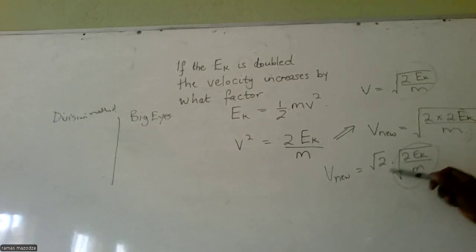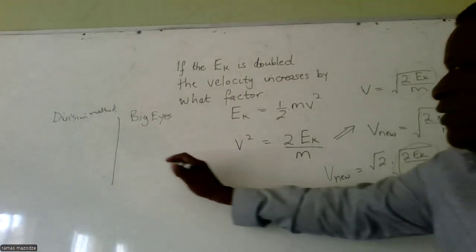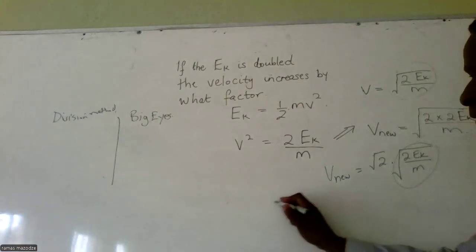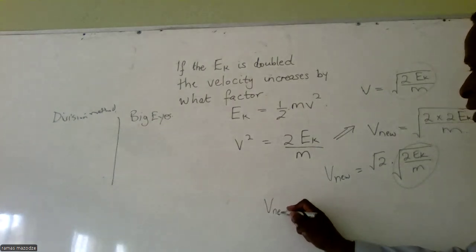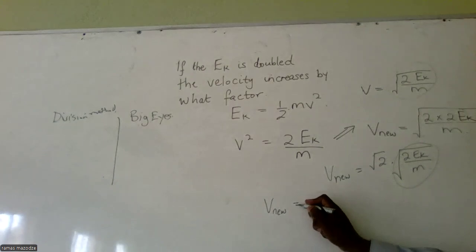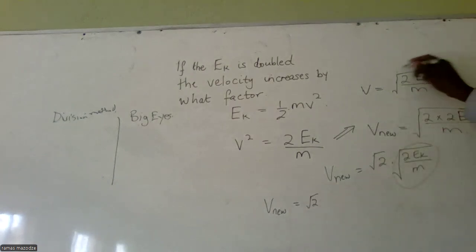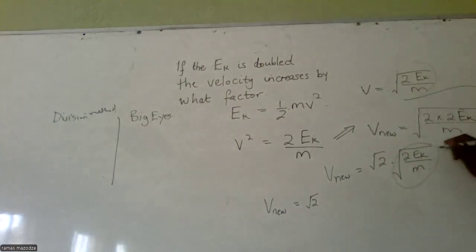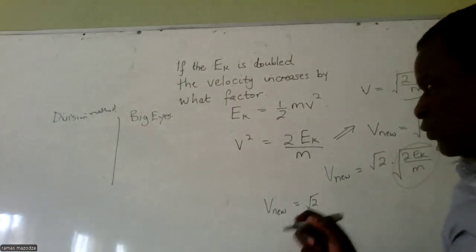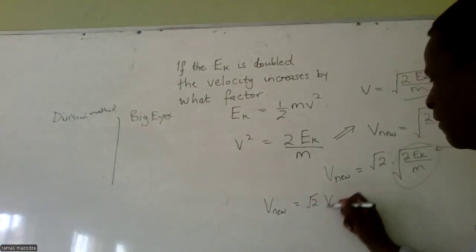So V new, using the big I's method, is equal to the square root of 2 times V.